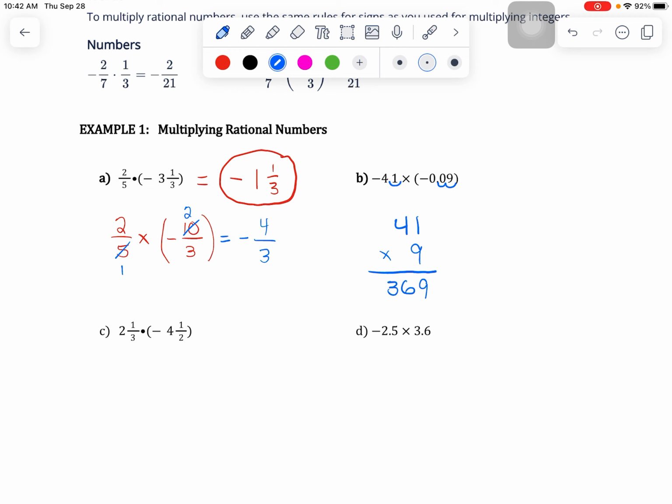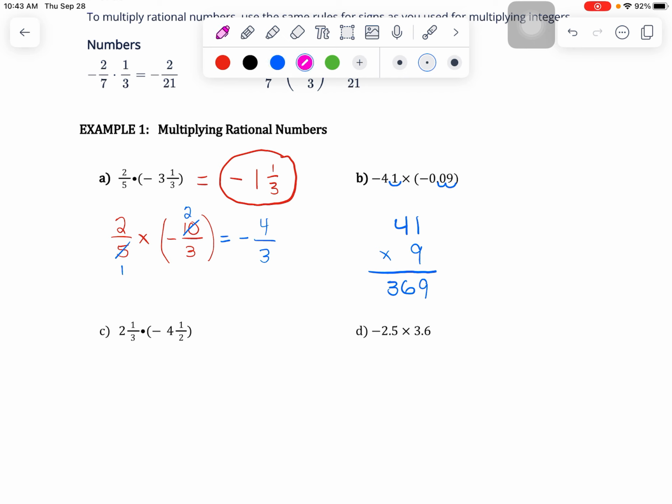Okay, I know that a negative times a negative is positive, so I have a positive 369. Okay, now I'm going to pay attention to my decimals. When I moved those decimals in the beginning, you can see those blue swoops, I had to move the decimal 1, 2, 3 times. So I need to do that with my answer.